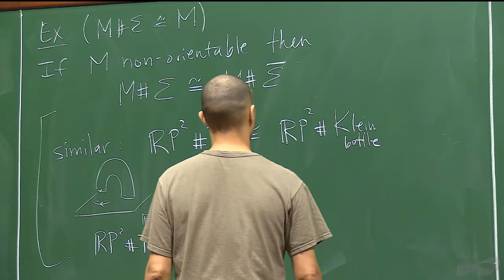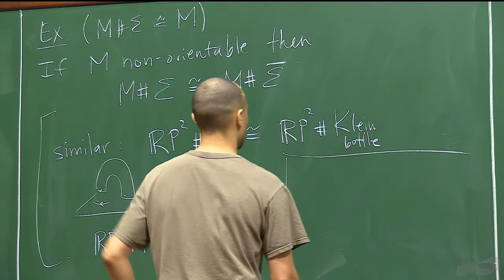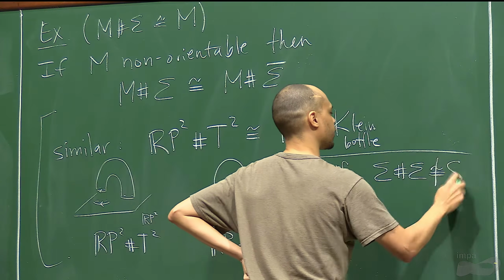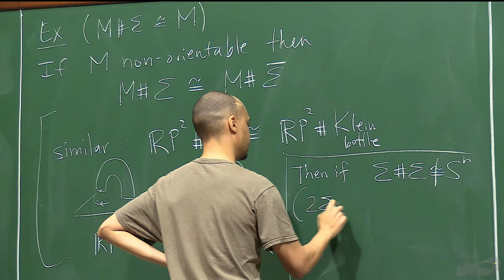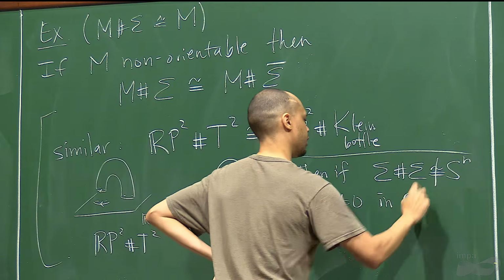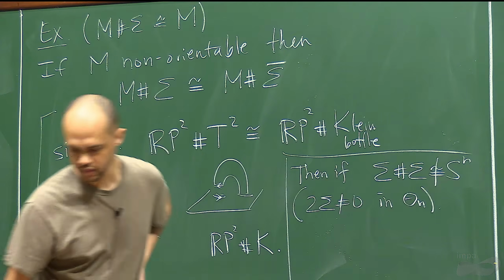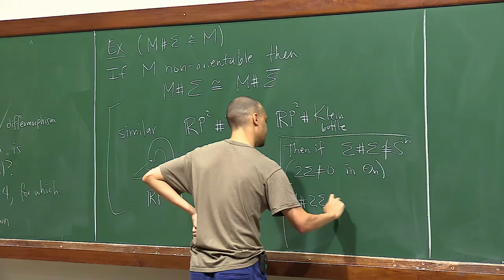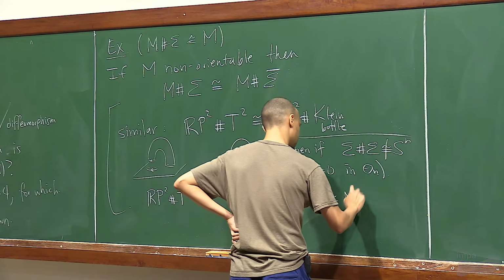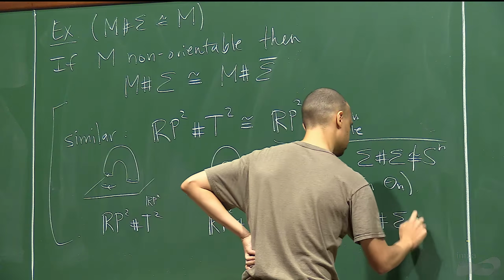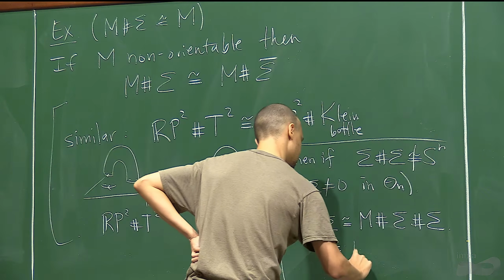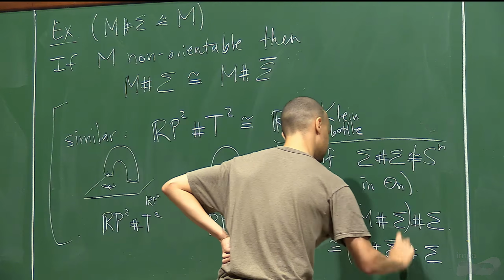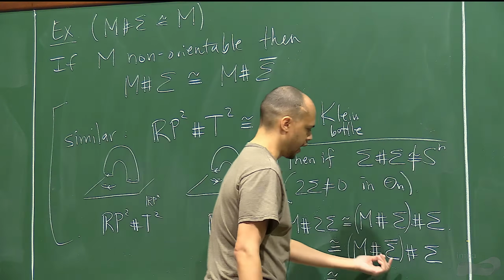So that's just the starting observation. Then, if sigma connect sum sigma is different from Sn, which is to say that sigma doesn't have order 2 in theta n, which happens plenty of times, then M connect sum 2 sigma is the same as M connect sum sigma bar connect sum sigma, where sigma bar is the inverse of sigma.